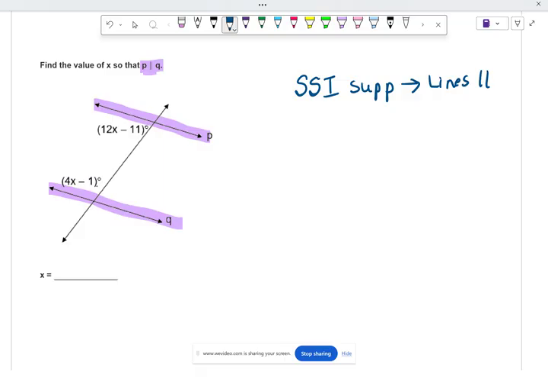But if you have a hard time remembering all the rules, please come through and use your colors. Okay, look, there's my pink. Here's my blue. This algebra is on pink. This algebra is on blue. If they're on different colors, they add up together to equal 180.